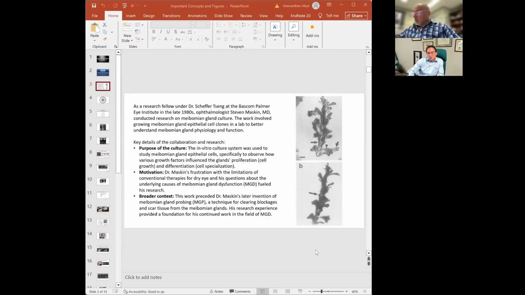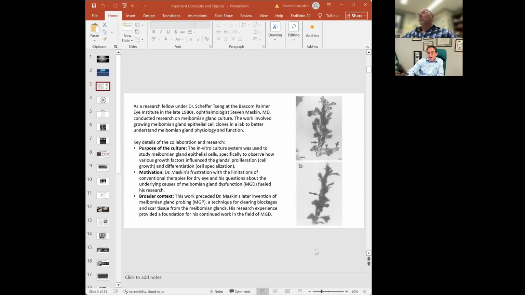The gland, as we may get into a little later, and I don't want to go too deep right now, but suffice it to say that I was looking at the modulation of the proliferation of the two cell lines of the meibomian gland using growth factors. Well, that was back in 1988 to 1991.